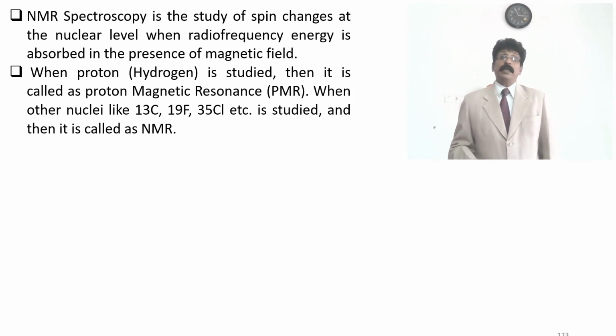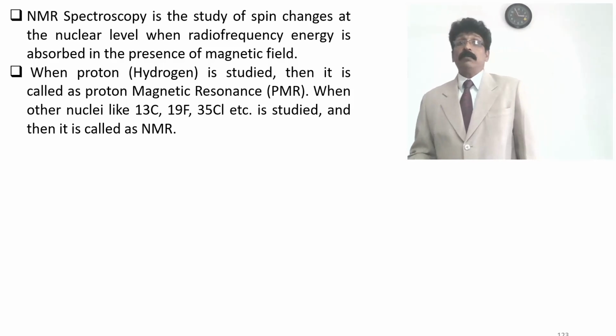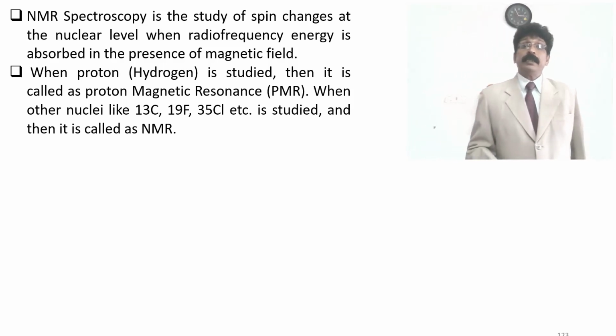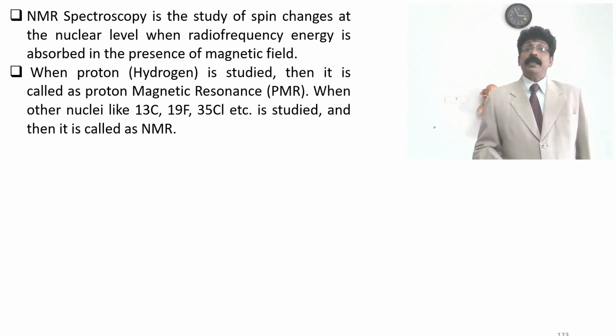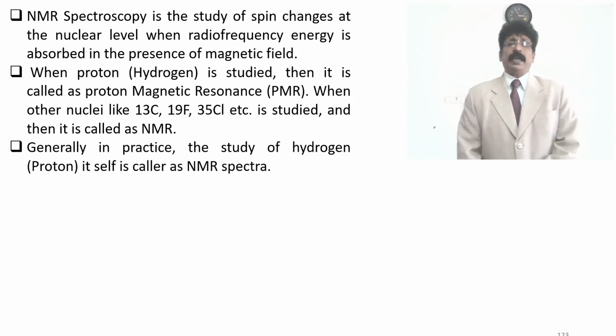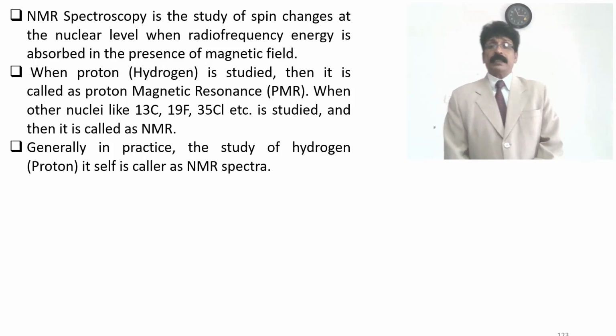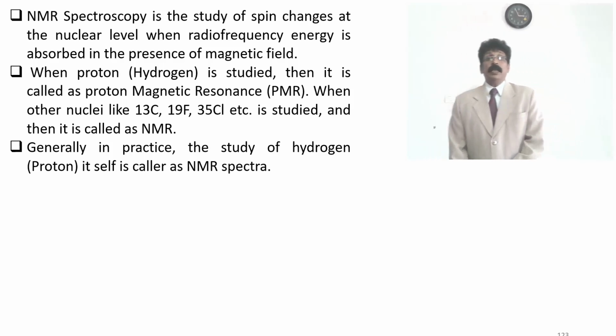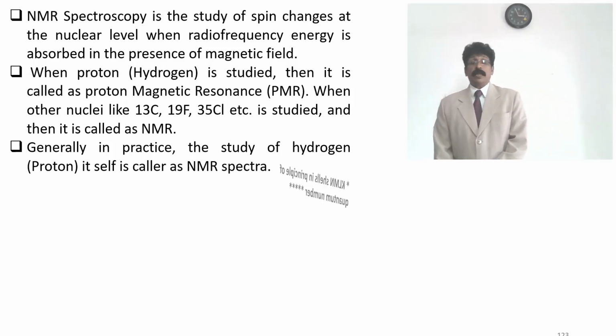Hydrogen, 1 hydrogen, is also an odd number, so we can say PMR, but in practice both are called NMR.